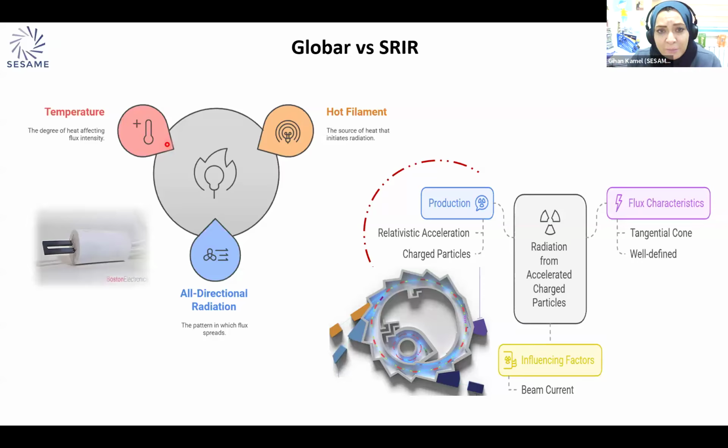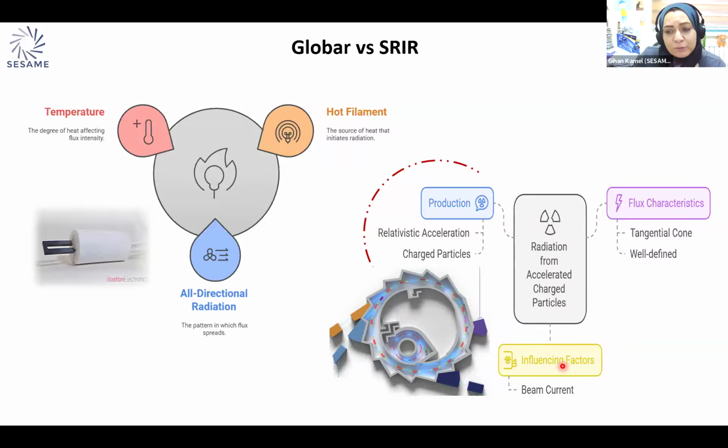Of course, for some samples, it's quite clear from the beginning that you need to go to synchrotron because it's useless to go with the Globar with them. But again, for the synchrotron infrared, the production of this radiation comes from the relativistic acceleration of charged particles, the electrons in this case. And different factors are influencing this.